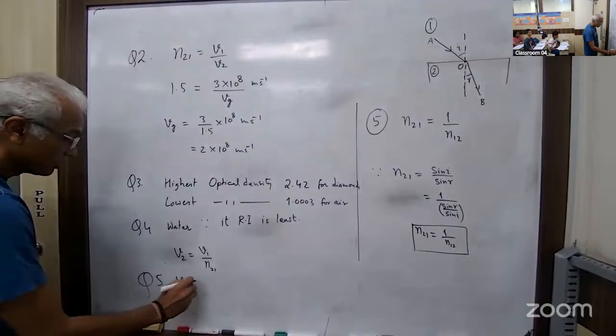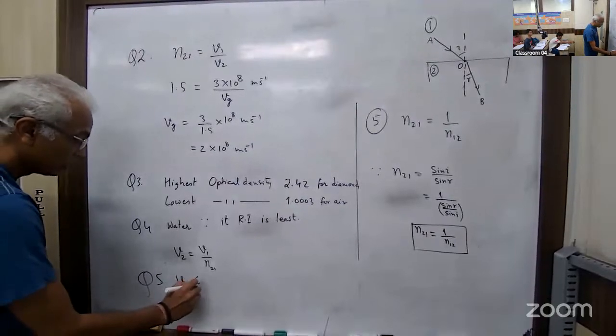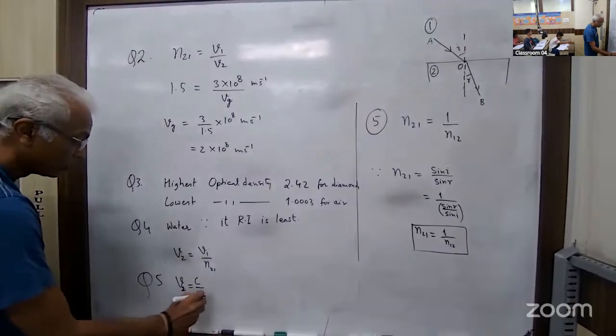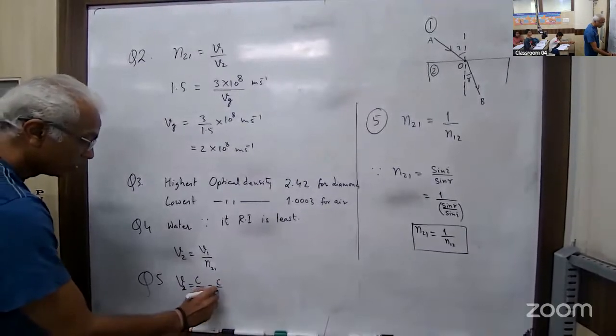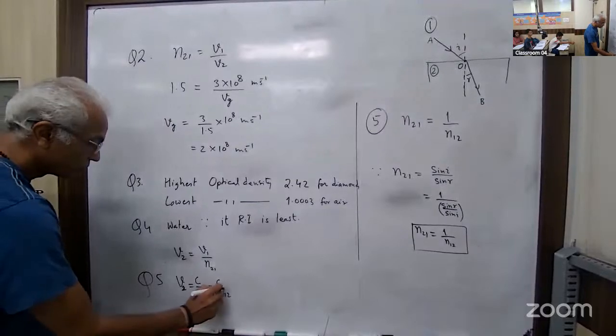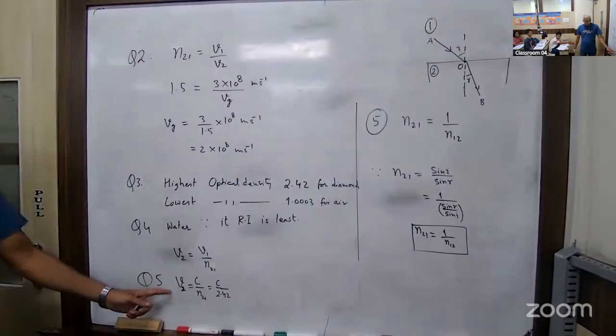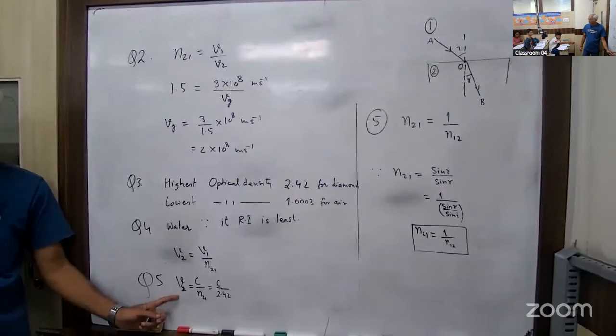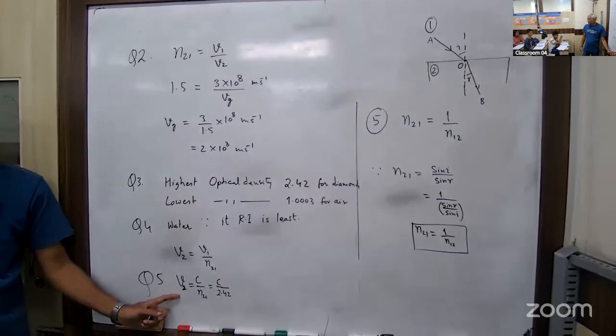V2 is equal to c by n21. What will this become? c by 2.42. So the speed of light in diamond is a little less than half of its speed in air.